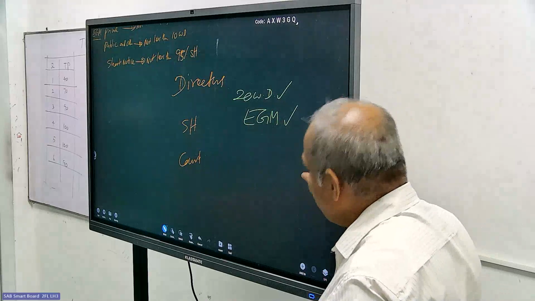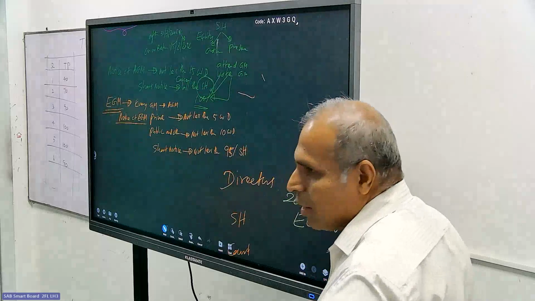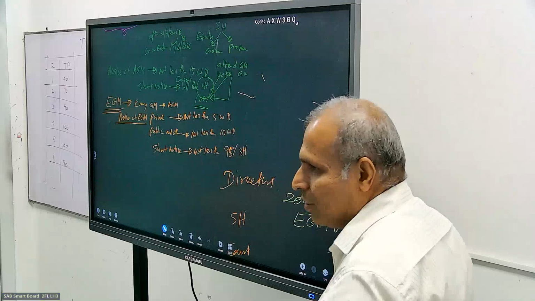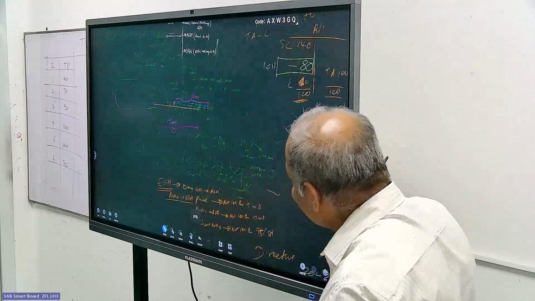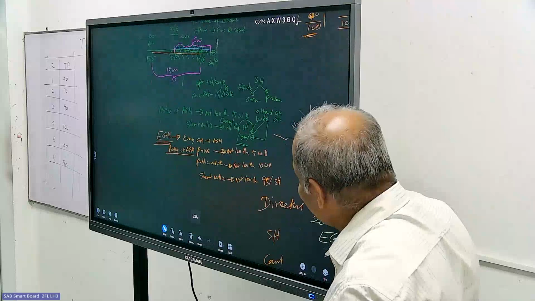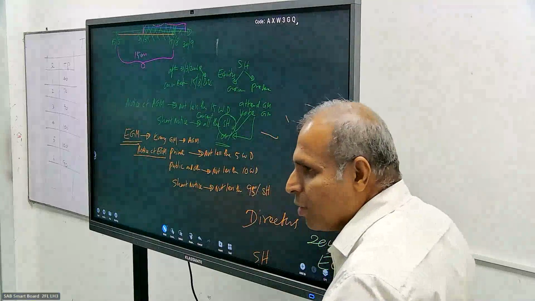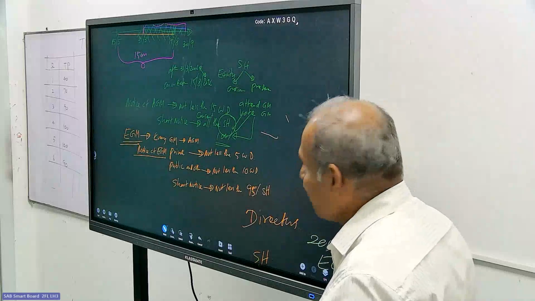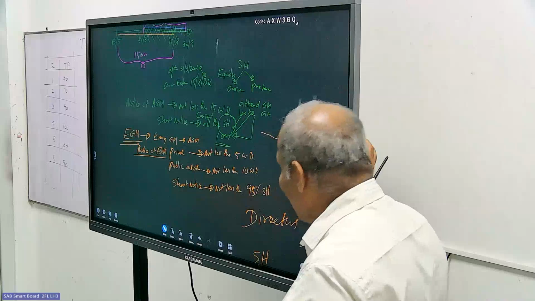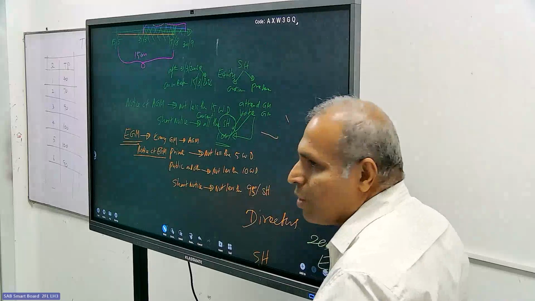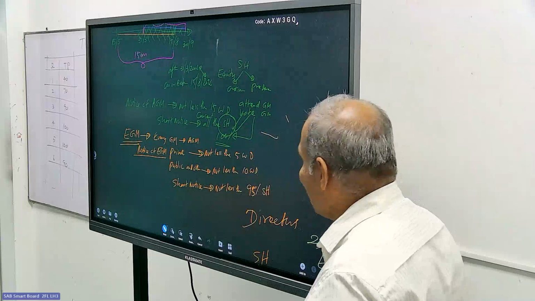So, this is about the AGM and EGM. It's simple. Notice of AGM, 15 working days notice to be given. Short notice is permitted. Under AGM, all the shareholders must give their consent to call the meeting by short notice.